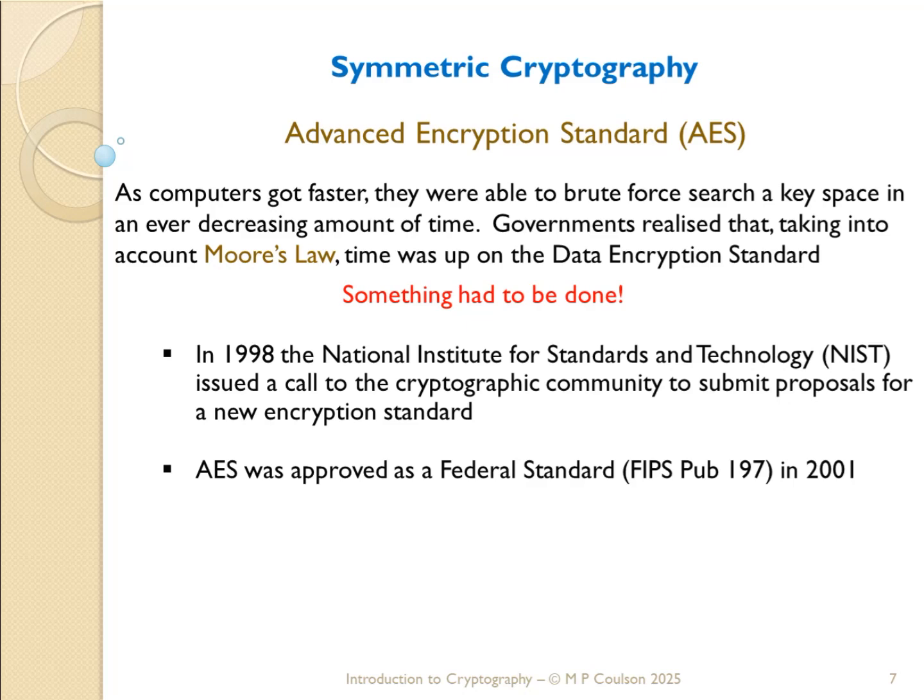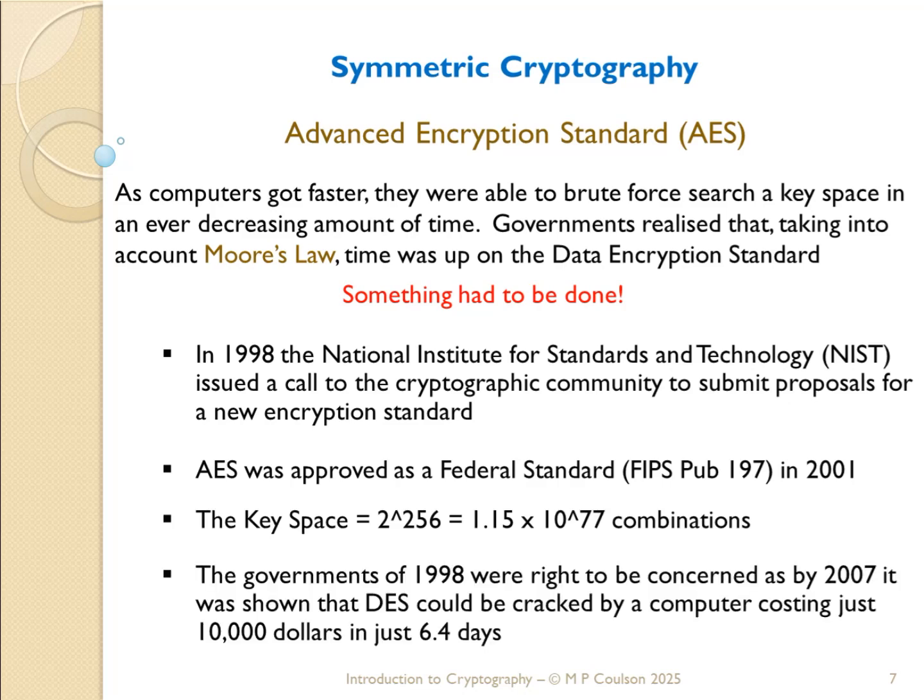The winning proposal, which was the Rijndael cipher, became known as the Advanced Encryption Standard, and was approved as the Federal Encryption Standard, published in 2001, as FIPS Publication 197. The key space of the Advanced Encryption Standard is 2 to the power of 256. The governments of 1998 were right to be concerned, as by 2007, it was shown that the data encryption standard could be cracked by a computer costing just $10,000 in just 6.4 days.